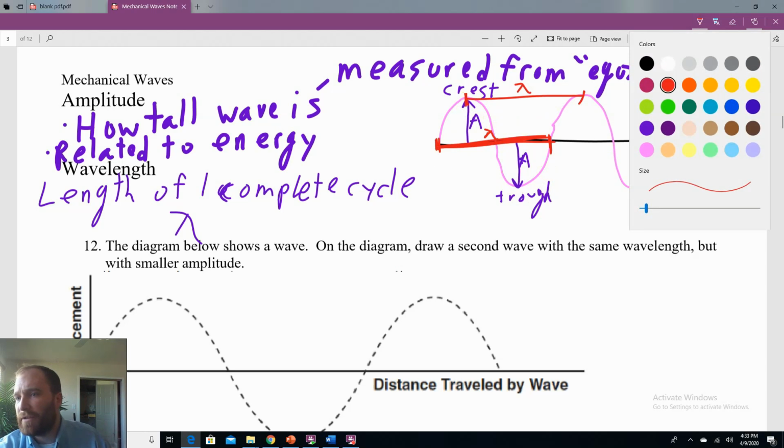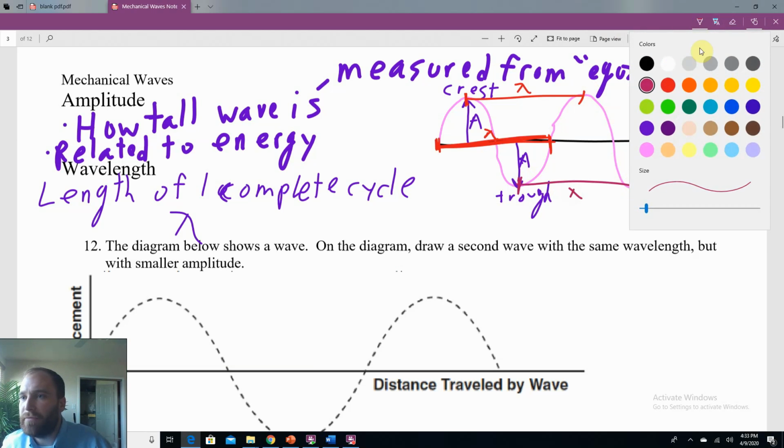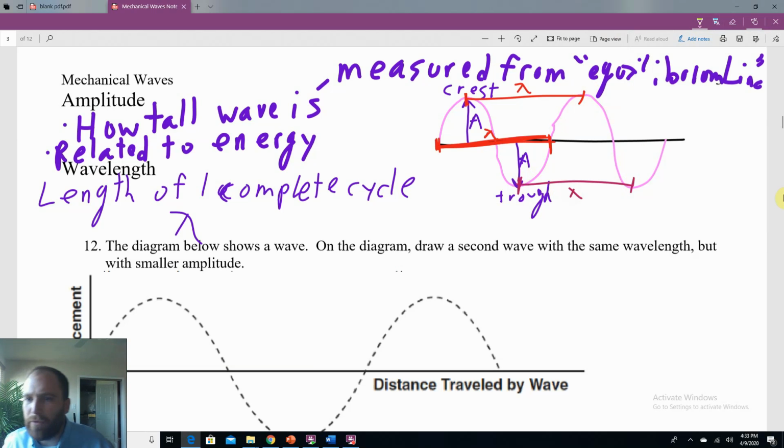Let's change colors. Or I could start at the bottom and go all the way up, all the way down, and back to that point. This would be one wavelength. Or, just to bring the point home, let's start here.